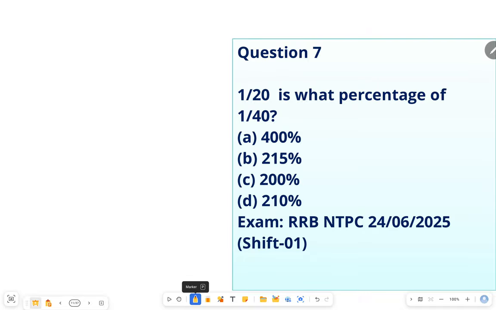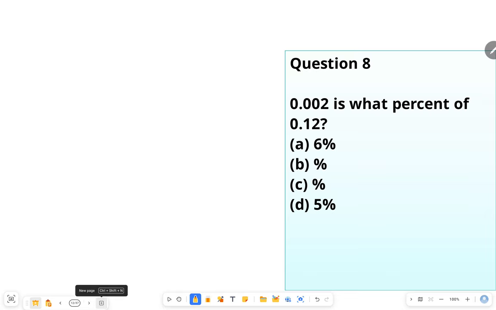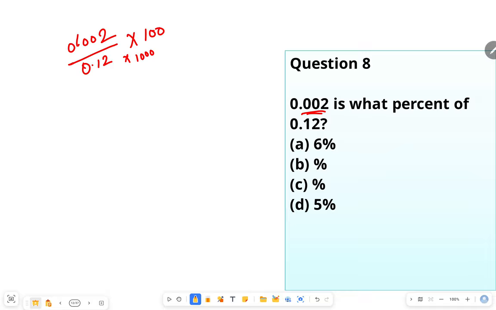When you solve the questions in the examination, question 8, what is it saying? That this number is what percent of 0.12, right? So this is very easy, not a big deal. Multiply by 100 to change into percentage. If you cancel this point from here, then you have to write 3 zeros in the bottom, and if you remove this point, then you will have to write 100 in the numerator.